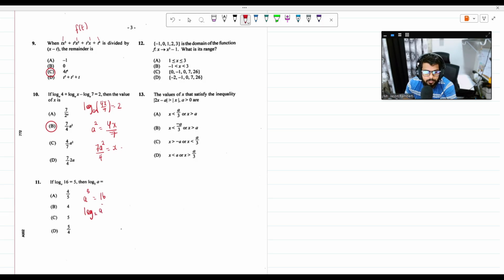Log a to the power 5 to base 2 is log 16 to base 2. 5 log a to base 2 is equal to log 16 to base 2, that is 2 to the power 4, which is going to give me 4. And log a to base 2 is going to be 4/5.